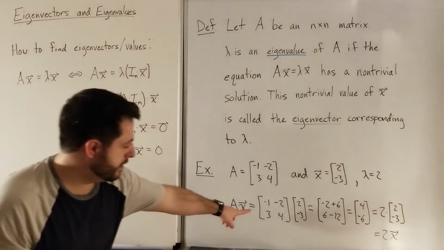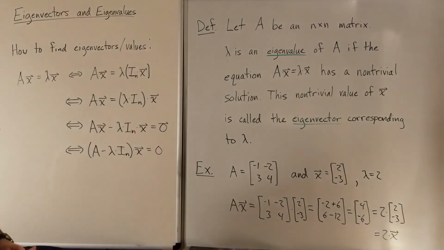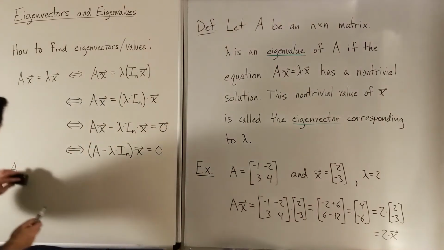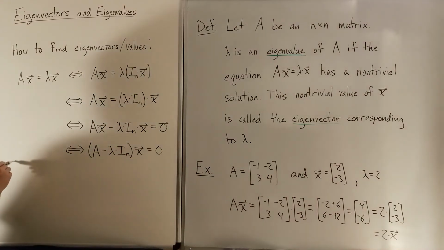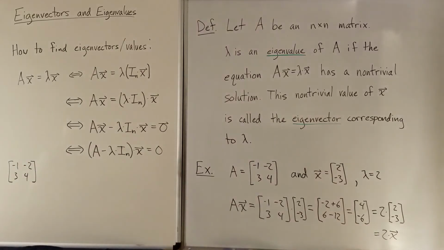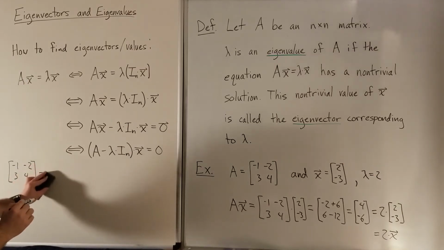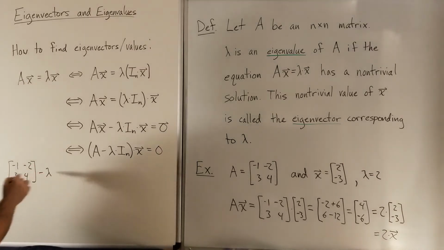Well, let's do it for this example right here. So n is equal to 2. Our matrix A is -1, -2, 3, 4. And when we subtract off lambda, I'm going to leave it as a lambda, even though I know lambda will end up being 2.